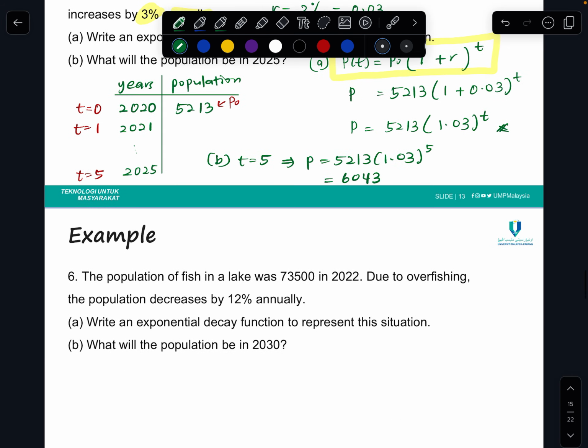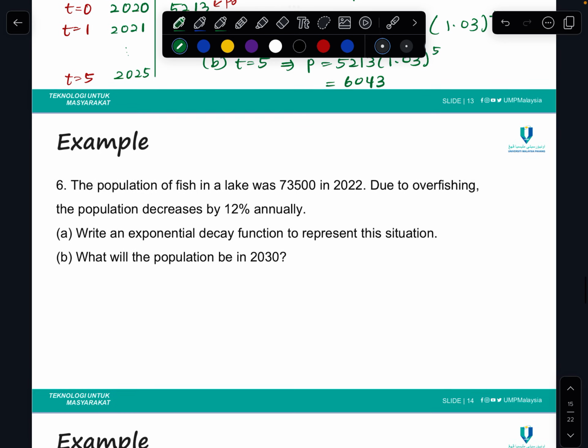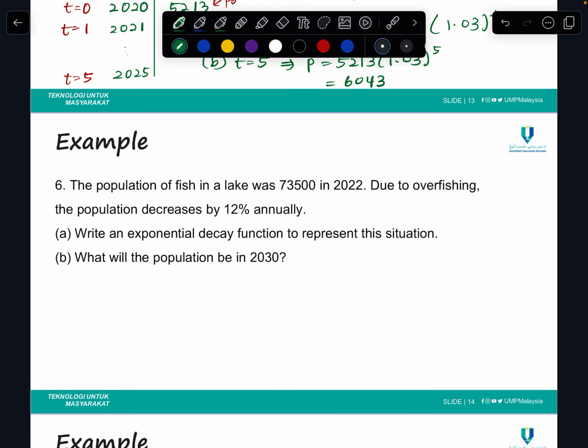Number 6. The population of fish in a lake was 73500 in 2020. So again, I want to record this info in table form. Year versus population. In year 2022, the population is 73500.